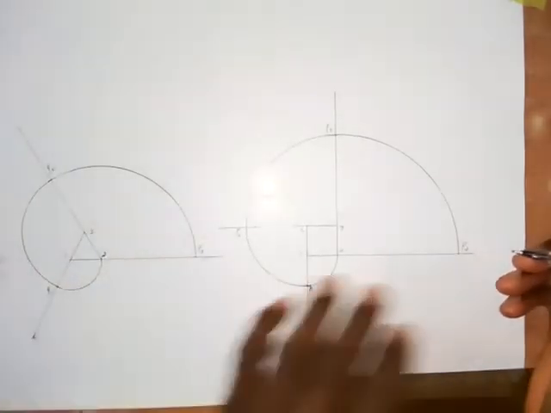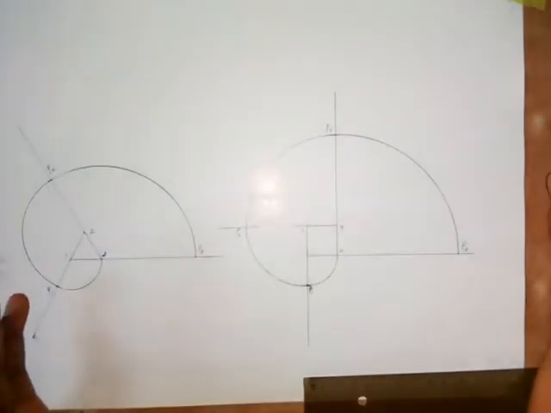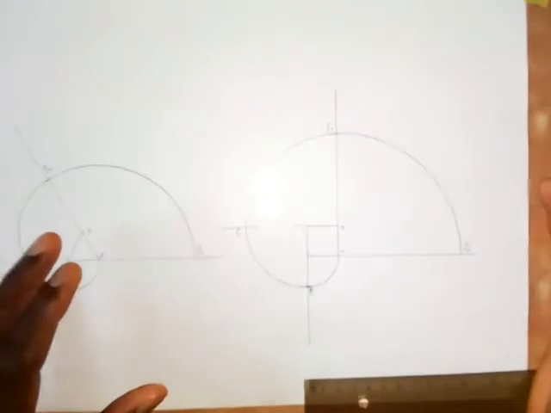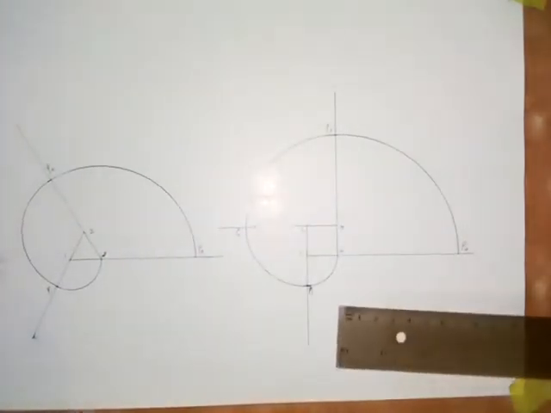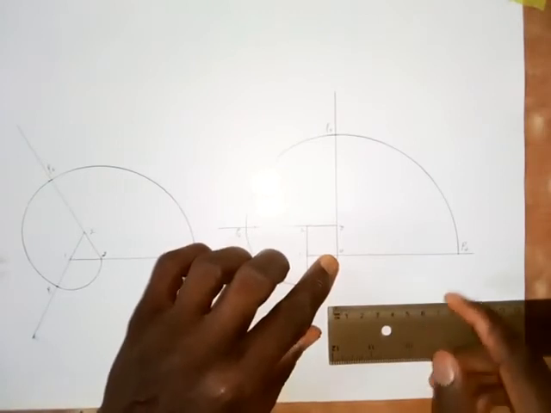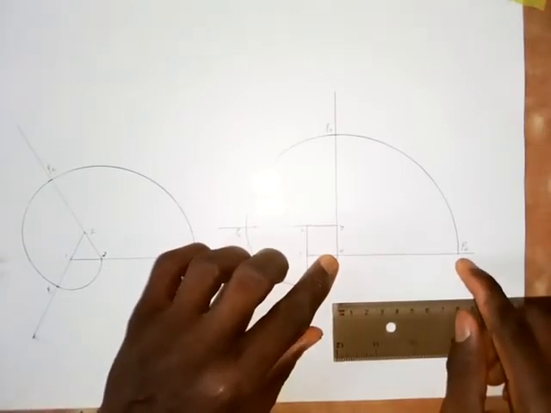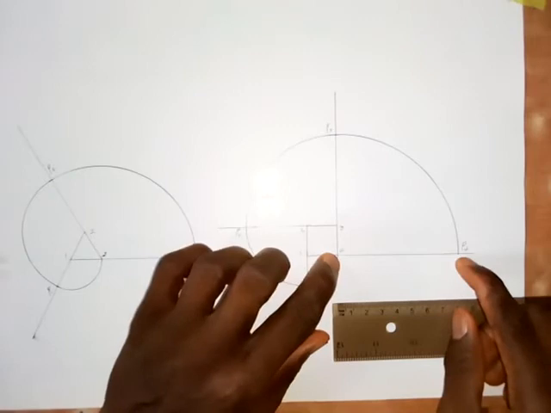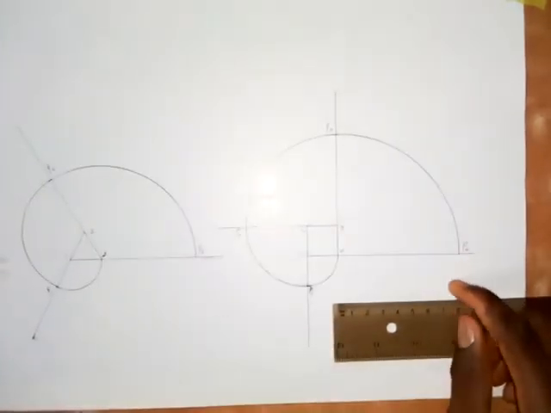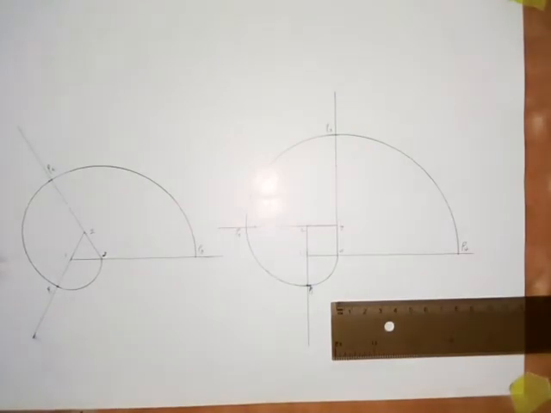So what I've done here is that I've constructed the involute of a square. As I said before, the distance from the starting point to the last point will be equal to the perimeter of the given shape. This shape is a square and the length of side is 20 mm.